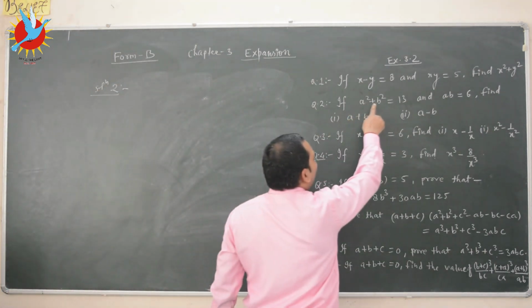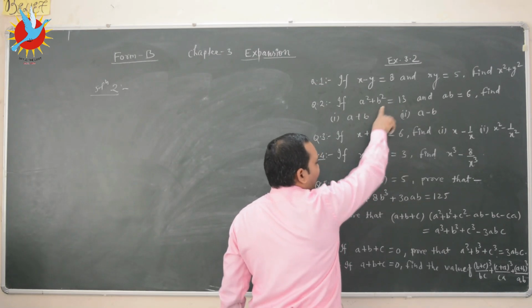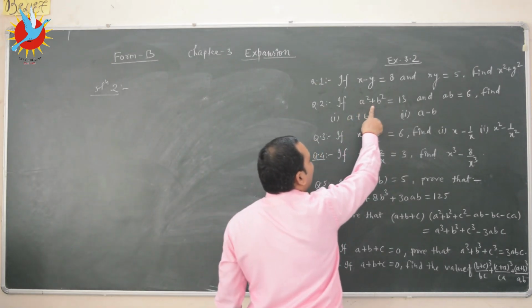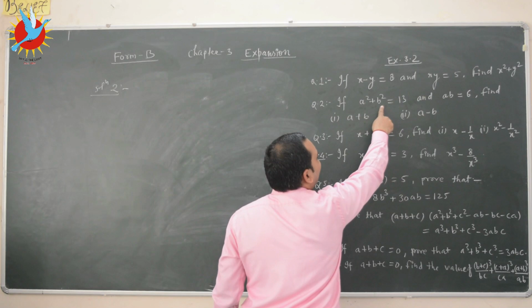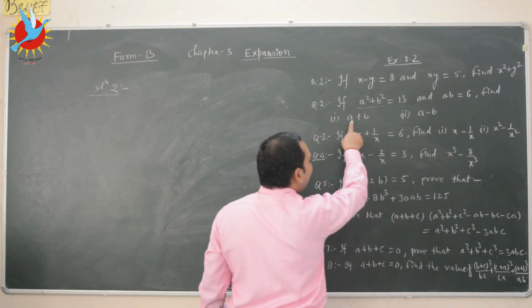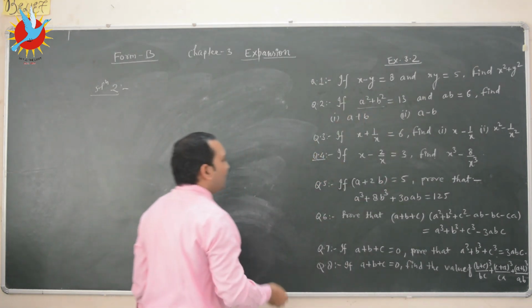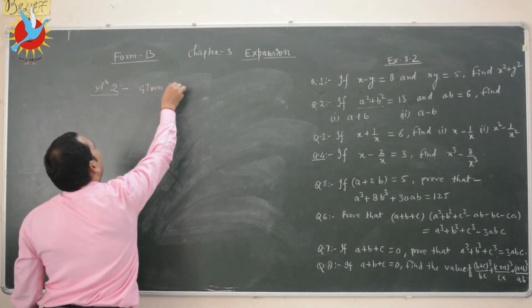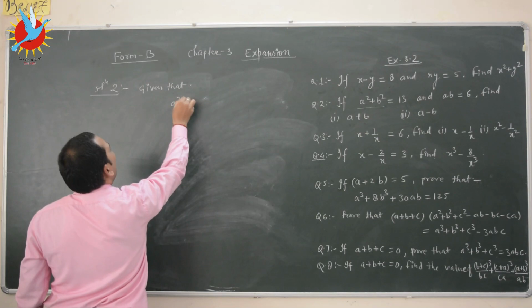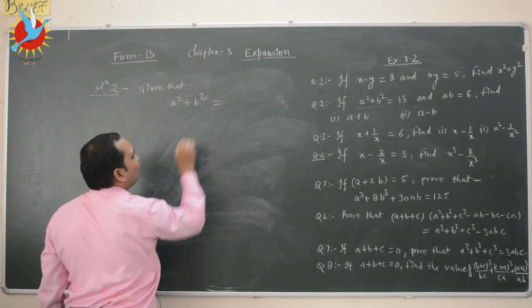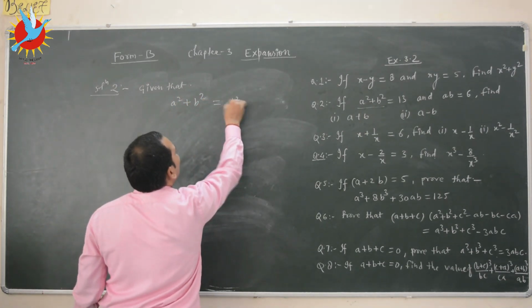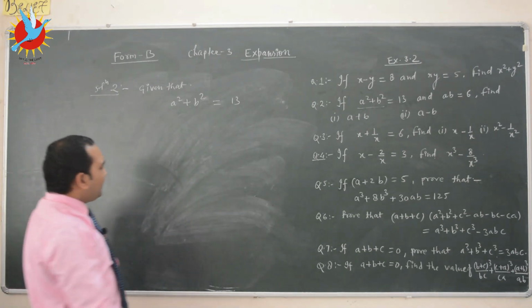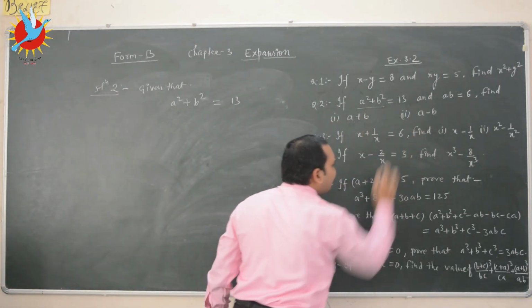a square plus b square plus 2ab. If we write a square plus b square plus 2ab, then it will be a plus b whole square. So given that a square plus b square is equal to 13 and the value of ab is also given, 6.